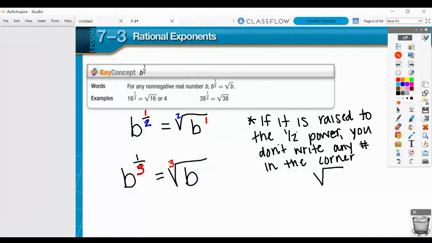If you take a look at your calculator, you have the square root button, and then you also have a button like that that has the X button on the calculator. That's the button you would use if you had anything higher than 2. So all we're doing is switching back and forth between an exponent and a radical.